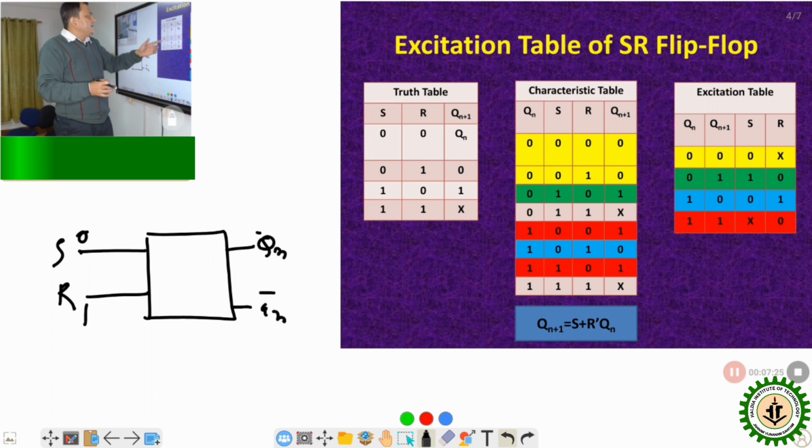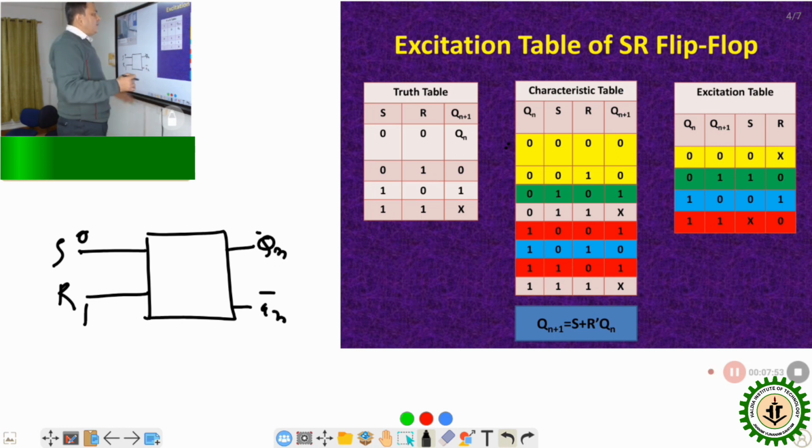Now look at this characteristics table. This is also important, and easily we can make it from this truth table. So this is the combination S and R. For this yellow column, S and R are 0 and Qn is 0. Now if it is 0 0, that means the output should not change.